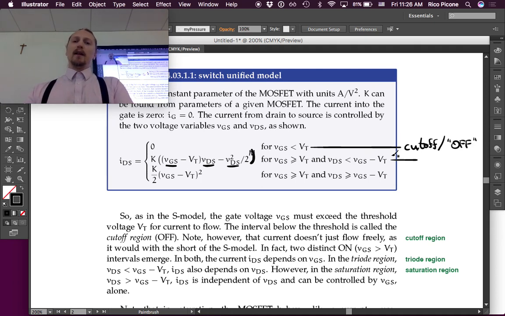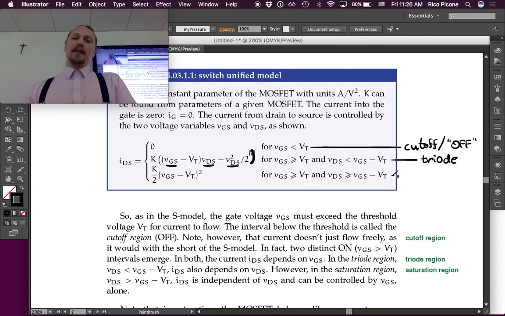This intermediate one we call the triode region, and we don't like that region. We don't want to be there. If we're there, we have all this nonlinearity happening, and it's hard to work with.